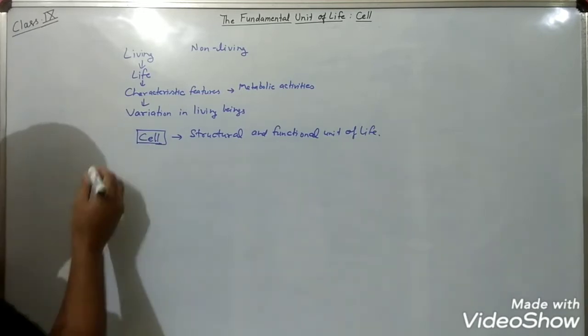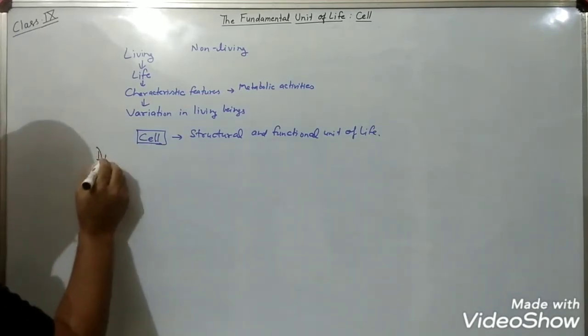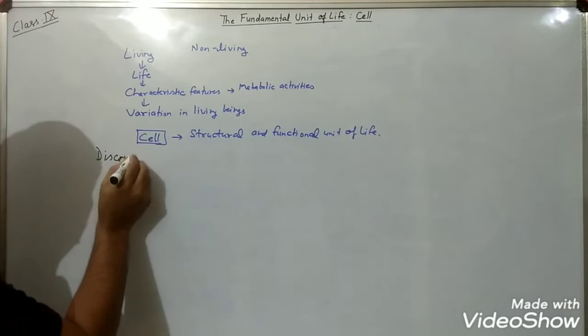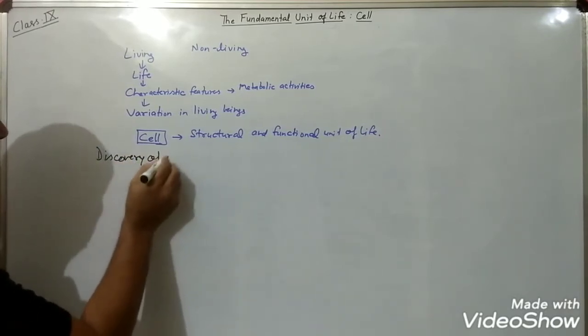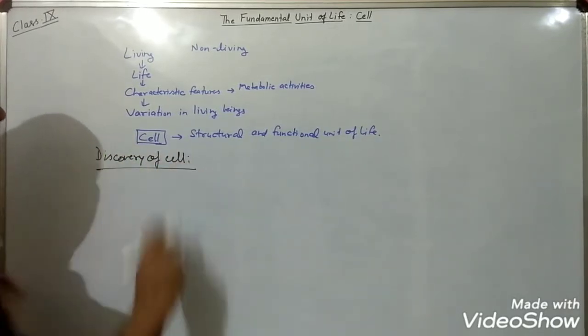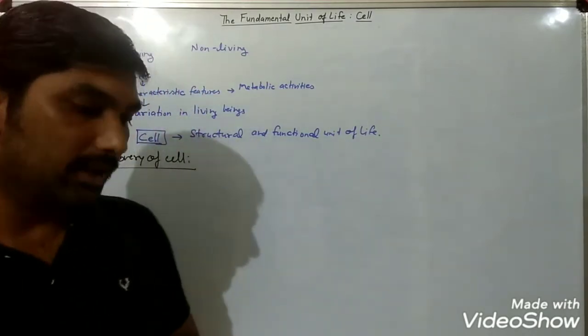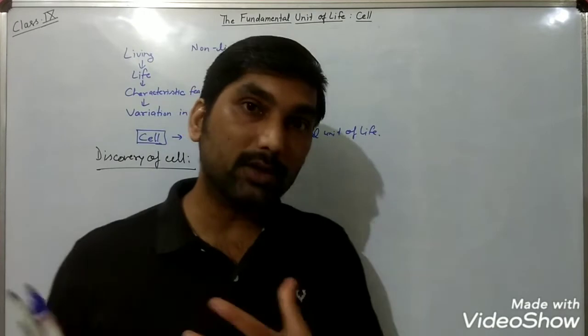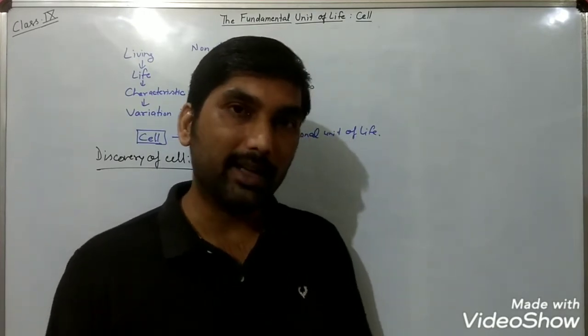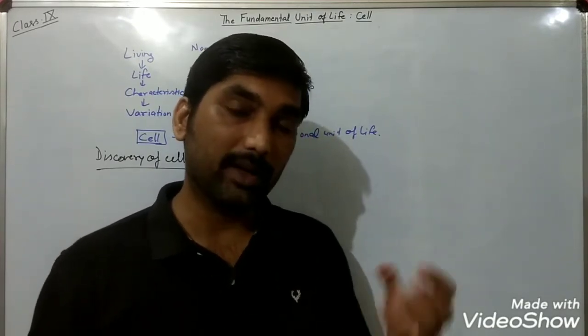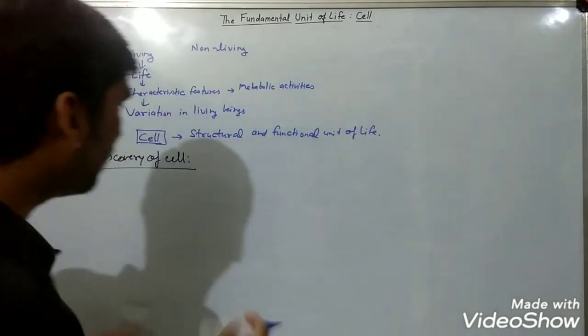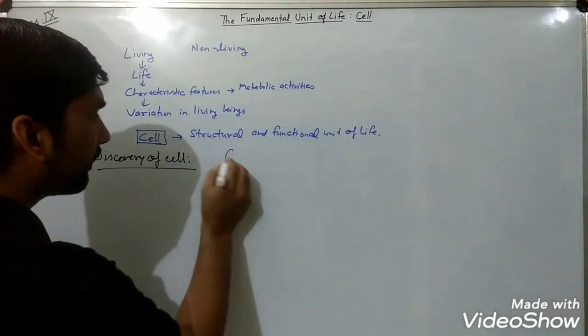So the next topic is discovery of cell. Before we start discussing the discovery of cell, actually it was possible because of the invention of an instrument that is known as what? Compound microscope.